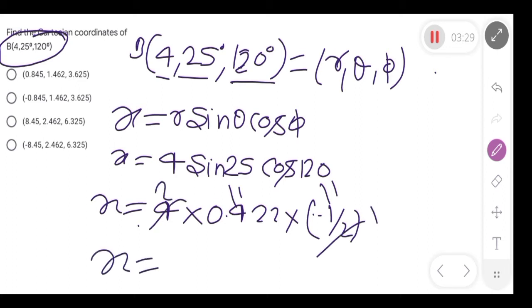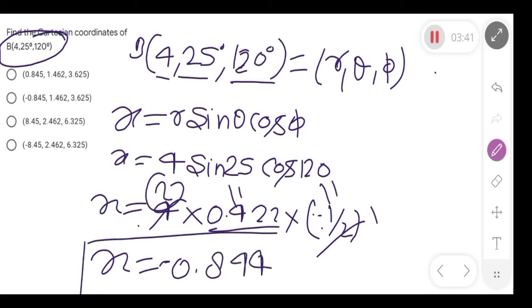Now we multiply, then we get minus 0.844. Now we get the x. Now we can match that the second option is correct, which is x equal to minus 0.844, which is an approximate value.